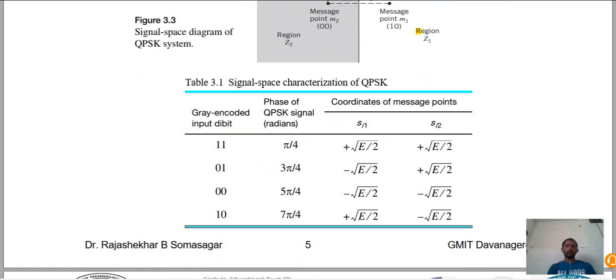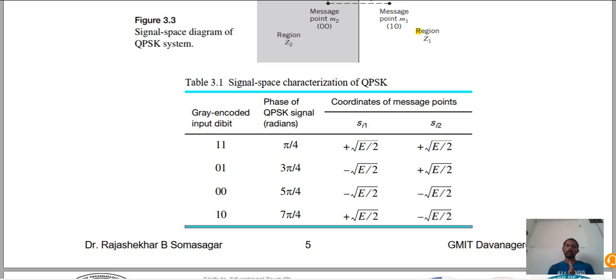Okay, and 1 1 of the gray code encoded bits is represented by a phase shift of pi by 4, and Si1 with the first orthonormal basis function has a positive energy, and Si2 has a positive energy.